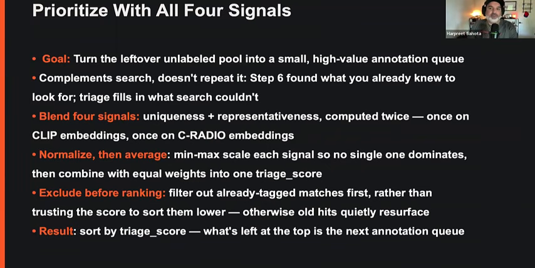Because that's the whole point of what we're doing here. Not to randomly select and annotate images. We want to annotate the right images. You'll see in the code, which I'll link to at the end, that we're essentially taking an equal blend of all these four signals.